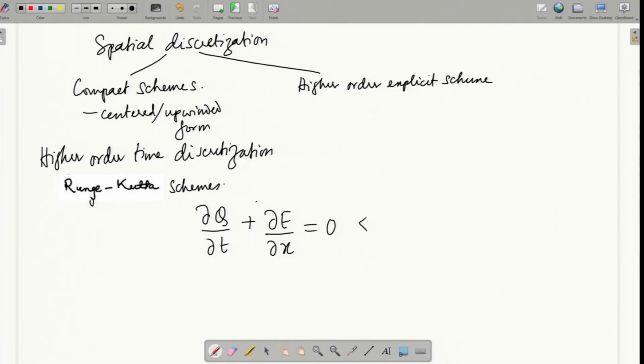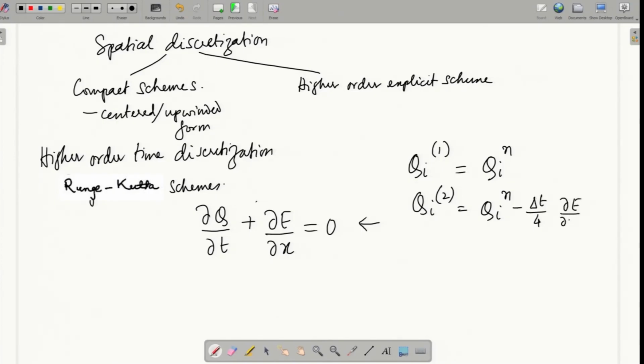If you are writing your equations in flux vector form in an RK scheme, you would do the sub step calculations in this manner, where you start from the nth time step calculations and then take it forward by doing a number of sequential calculations of this kind.